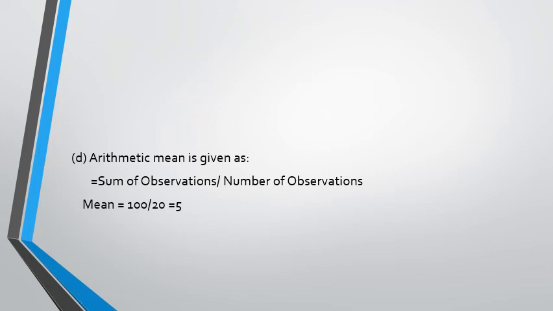There were 20 students. So we divide 100, the sum of observations, by 20 to get 5. So the arithmetic mean, or the average, of the marks of the students is 5. That means the average marks of the 20 students is 5. So this is our mean.